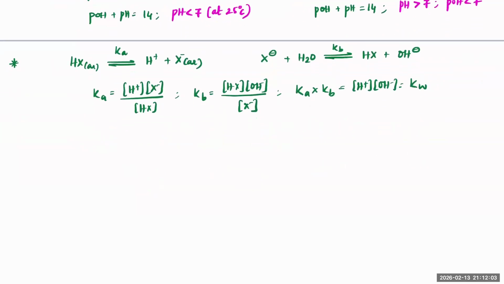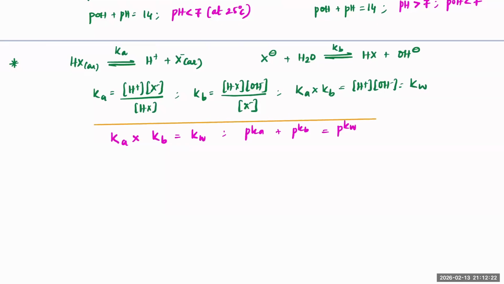So therefore, for a conjugate acid and base, remember Ka multiplied by Kb will always be equal to Kw, or pKa plus pKb of a conjugate acid base pair will be equal to pKw. Okay. So this is the next important formula we should remember, that is how the pK values of different acids and bases are related with each other. Done with it.